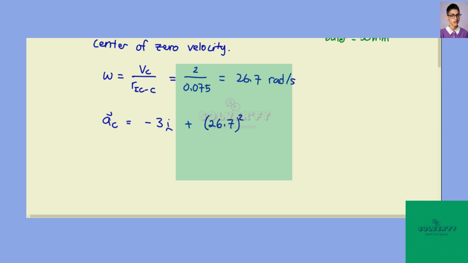The r will be the radius from A, so 0.025, and it's going to point upward. So it's minus 3i plus 17.8j.